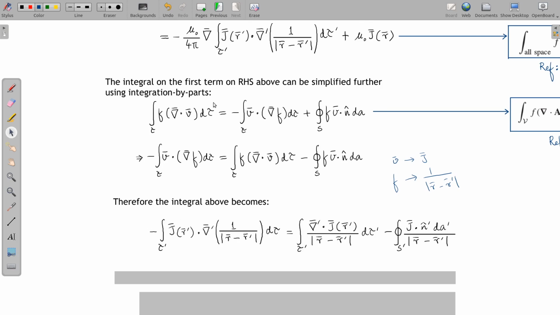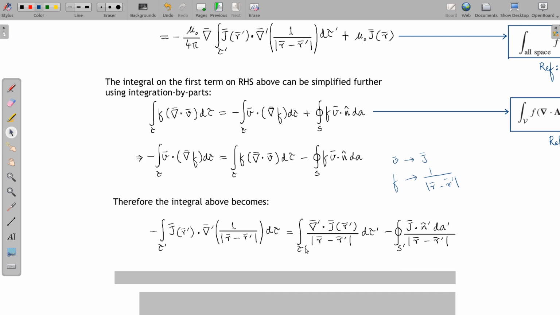It becomes minus J of R prime dot gradient of 1 by modulus R minus R prime d tau. This is equal to the divergence of V, V is J, so divergence of J times F, which is 1 by modulus R minus R prime, minus the surface integral of F into V, which is J by modulus R minus R prime, dot N prime cap into dA prime.